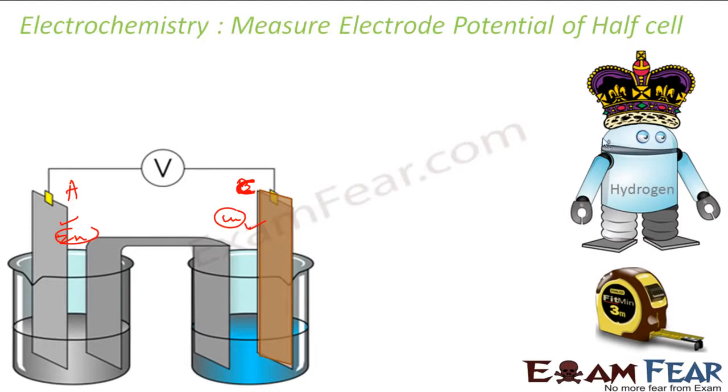Now as per convention, for the standard hydrogen electrode, my potential is 0, right? Using the platinum metal, hydrogen becomes H plus, aqueous, and for this E is 0.